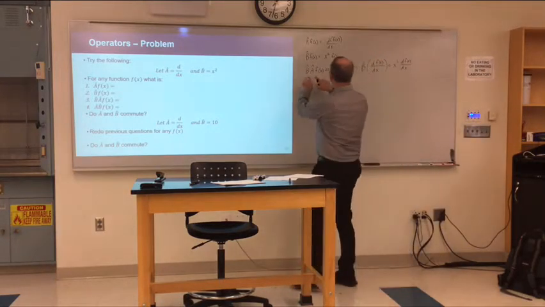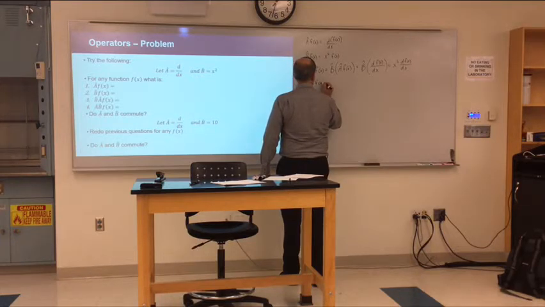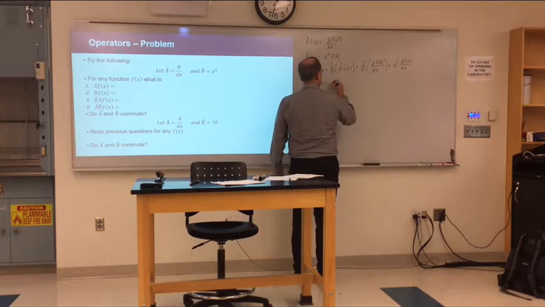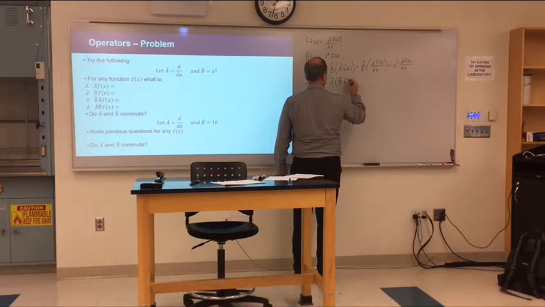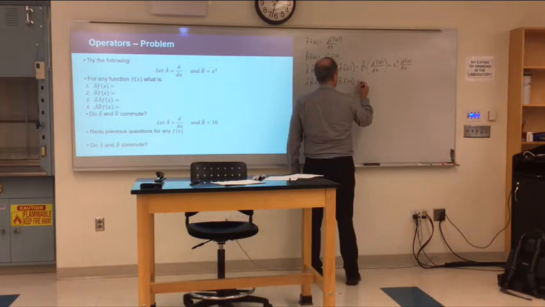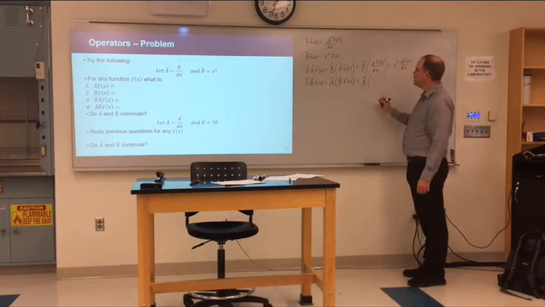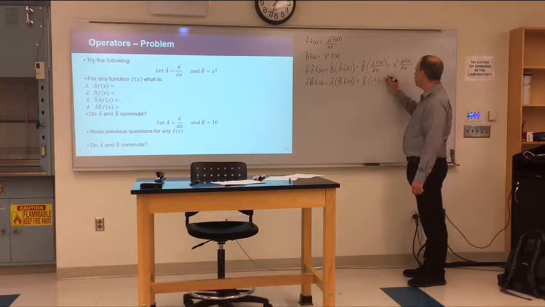If we flip these two and do A hat B hat f of x, this would be A hat operating on the result of B hat f of x, which would be x squared f of x.